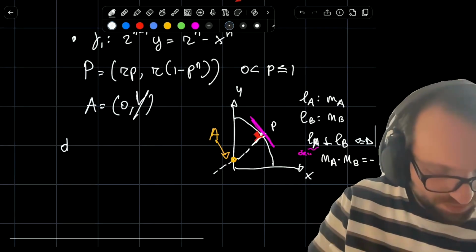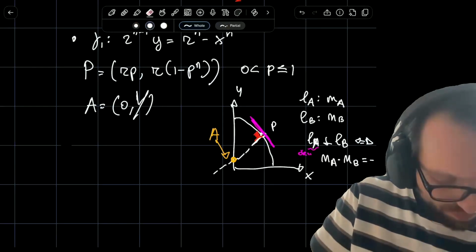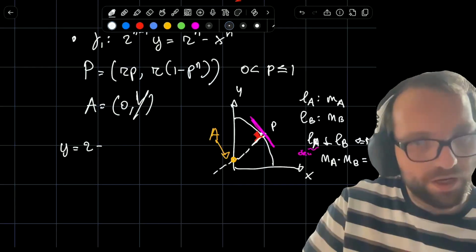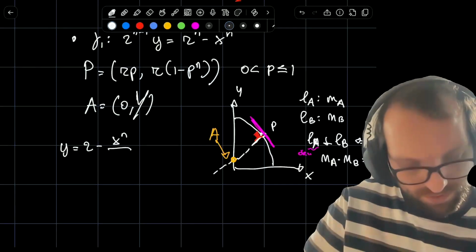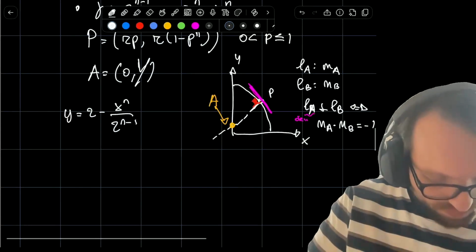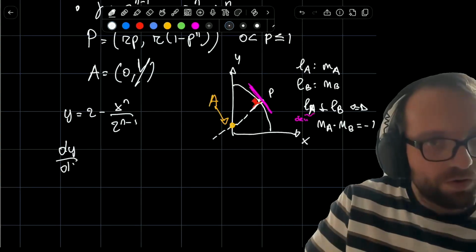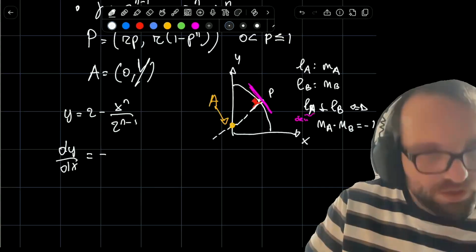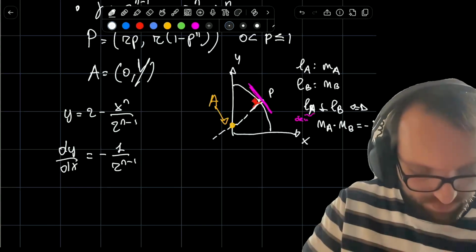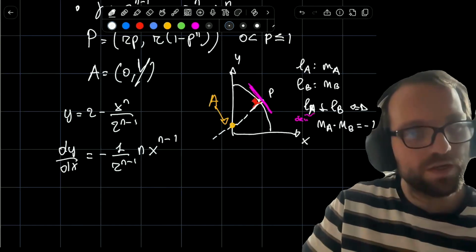The function, here it's better if I express the function with respect to y, now with respect to x. I'm going to take dy over dx, which is simply, it's a very easy derivative, we are lucky.